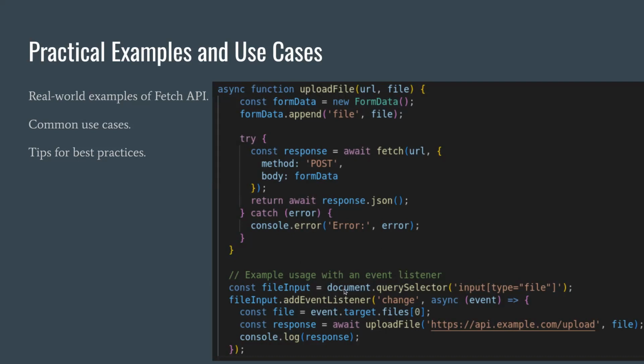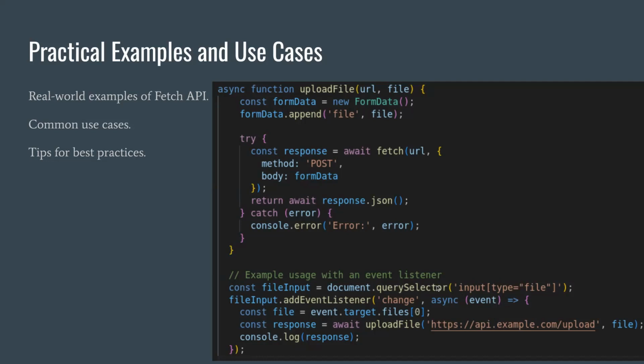Just to go over this upload file, you can see that because this JavaScript code is interacting with the document object model, it will try to find the HTML element with input type file. Whenever you browse the web, you have probably been to a site where it allows you to upload a file.